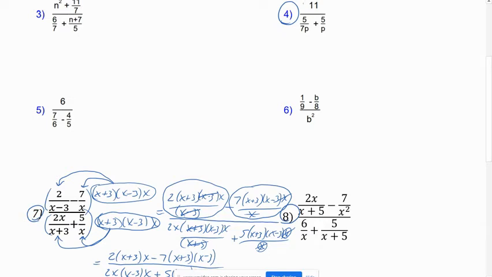For problem number 4, our two denominators are 7p and p, so our common denominator would be 7p. So I'm going to multiply the top by 7p and the bottom by 7p. So in the top, that gives me 77p. And in the bottom, when I multiply here, I have 7p times 5 over 7p, and then here I have 7p times 5 over p.